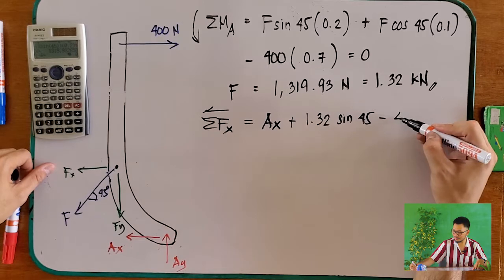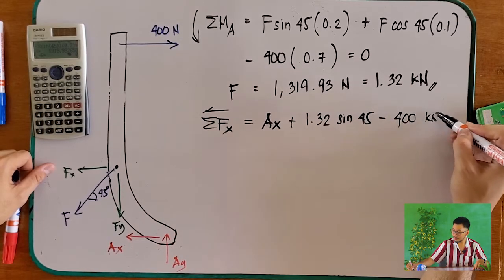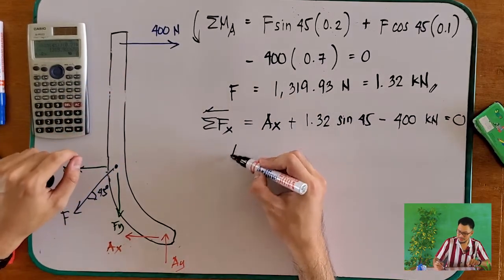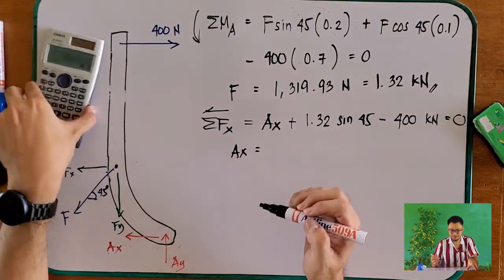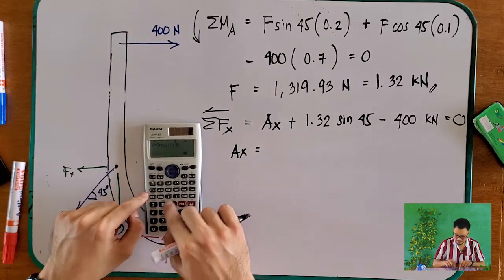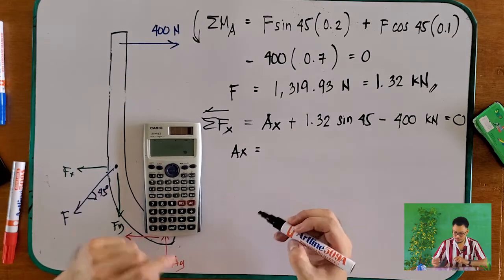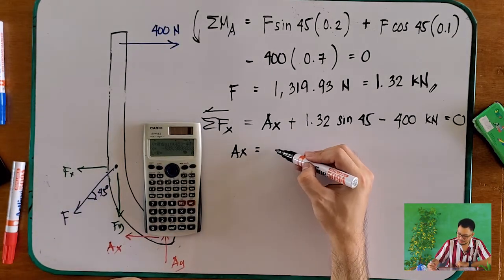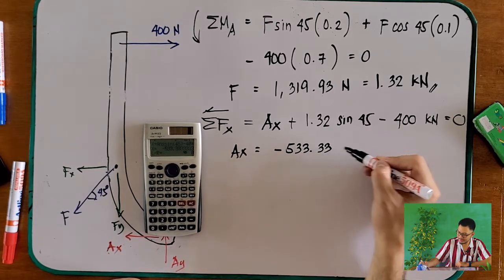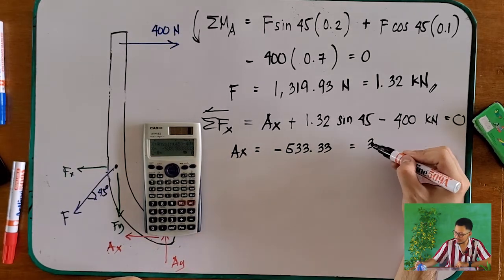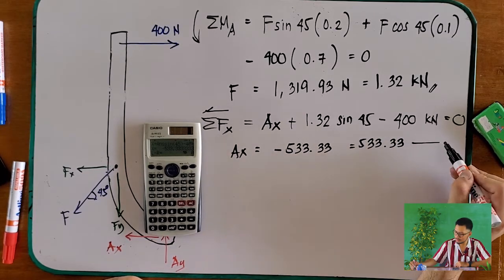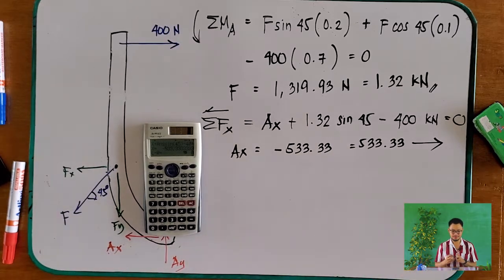And then minus 400 equals to 0. 1, 2, 3. Okay, so your AX here is equal to 1.32 kilonewtons sine 45 minus 400. So your answer here is negative 533.33, or this is 533.33 going to the right. Okay?